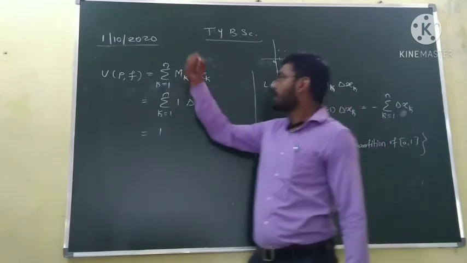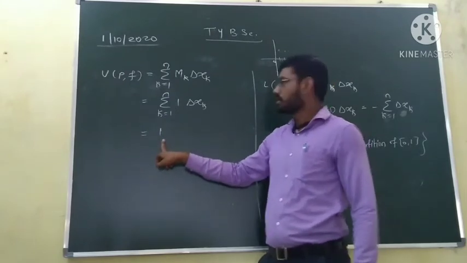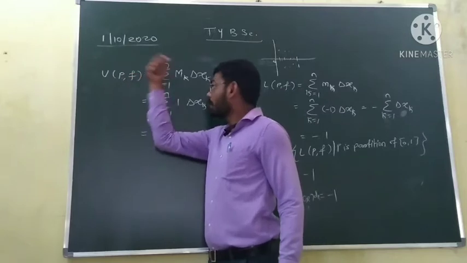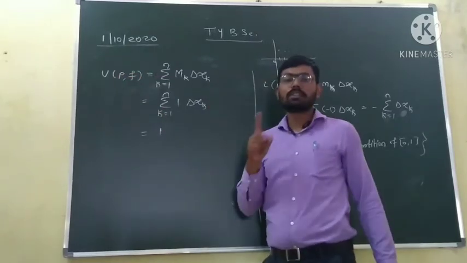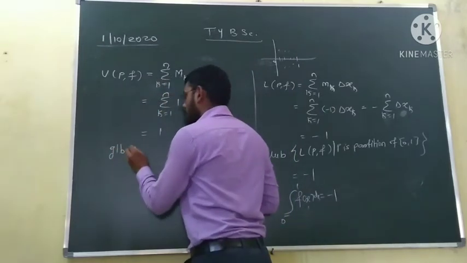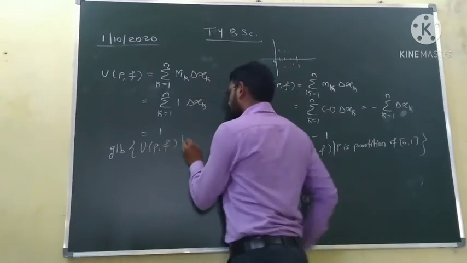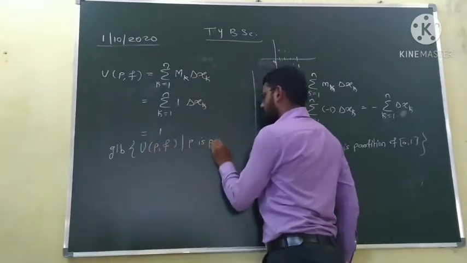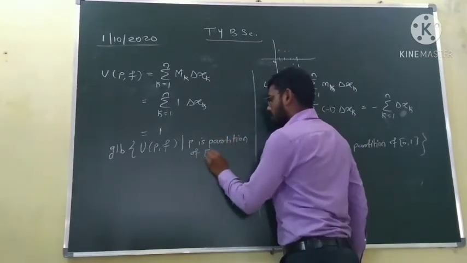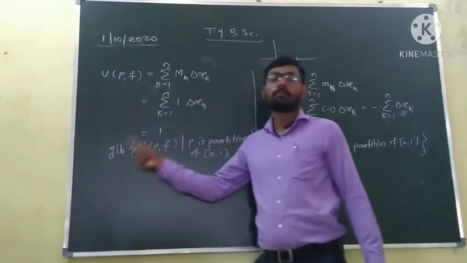So you take any arbitrary partition P, the upper sum is 1. So the set of all upper sums for this function f with respect to any partition has a fixed value, which is 1. So if we take the greatest lower bound of the set of U(P, f) such that P is a partition of the interval 0 to 1, then this will be plus 1.